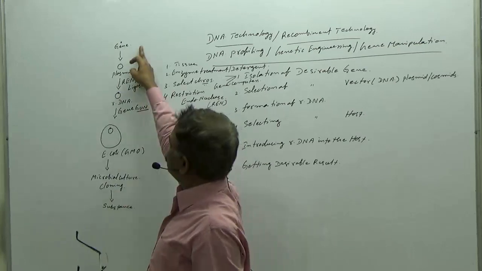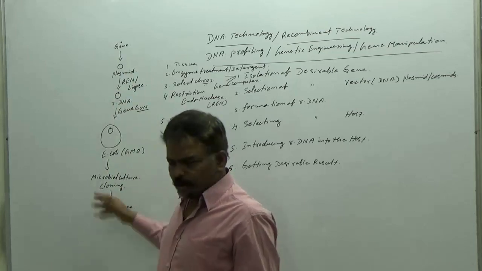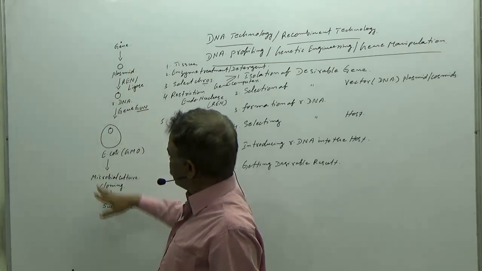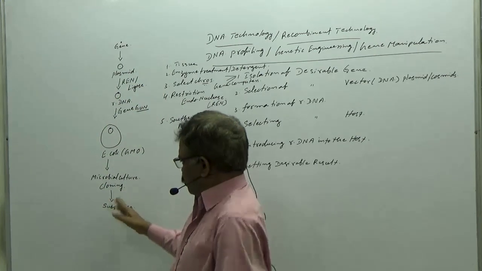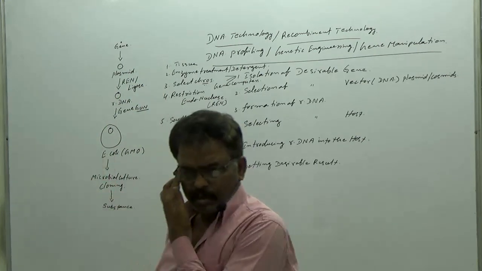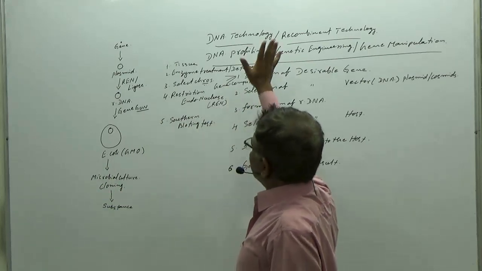If this is the insulin gene, automatically the microorganism produces insulin. That means whatever gene we inserted, that substance we will get. Then finally after purifying, they supply it to the market. This is DNA technology.